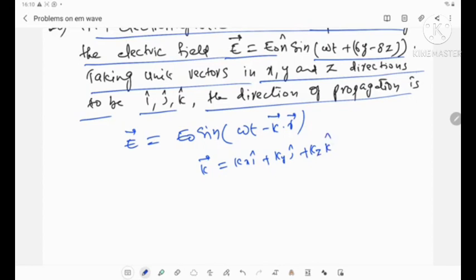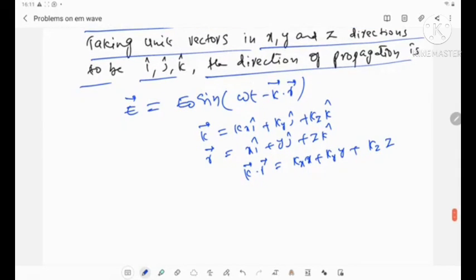This I already explained in theory. r bar is equal to x i cap plus y j cap plus z k cap. Therefore k bar dot r bar is equal to kx into x plus ky into y plus kz into z.